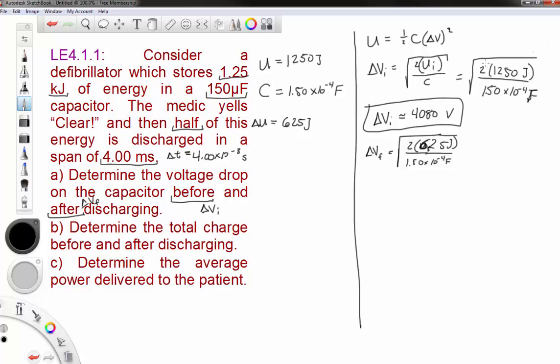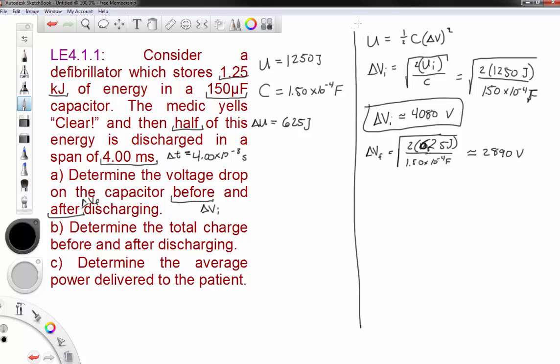We're basically dividing this number by 2, and then we're taking a square root, so that's going to give us 2,887. So this is roughly 2,890 volts. So that's what the final voltage drop across the capacitor will be after the discharge.